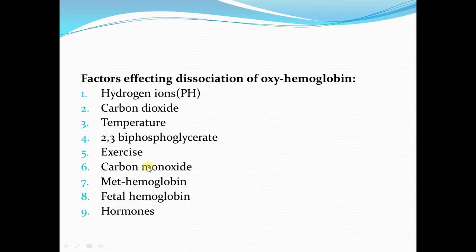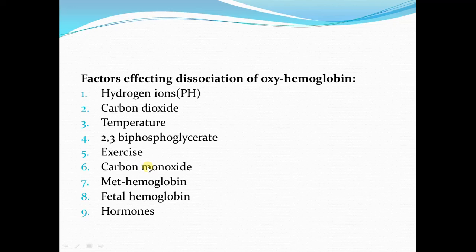So carbon monoxide is a poisonous gas, and when it is inhaled, it binds with the hemoglobin instead of oxygen, and it shifts the curve to the left side by decreasing the dissociation of oxygen from the hemoglobin, whatever amount is bound to the hemoglobin.